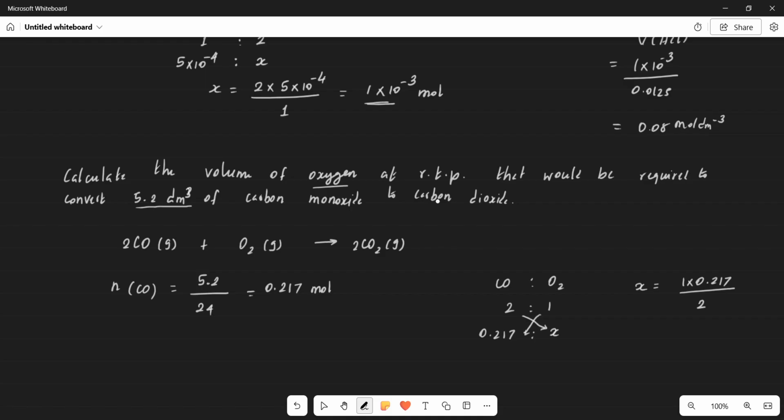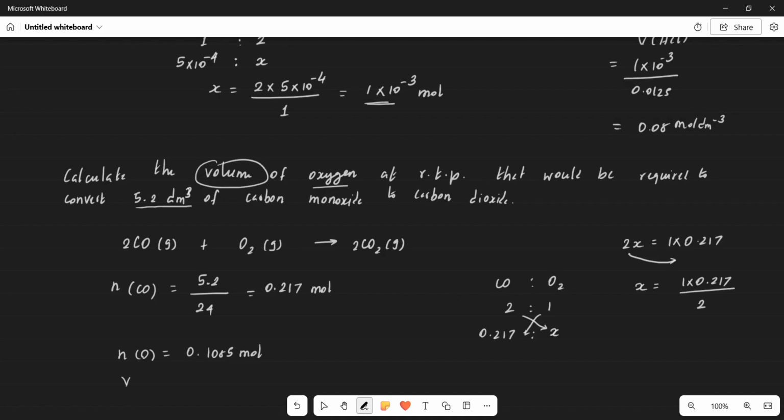When I multiply cross, it will be 2x is equal to 1 into 0.217. So x is equal to 0.217 divided by 2, which is 0.1085. So the number of moles of oxygen is 0.1085 moles. But they are not asking the number of moles, they are asking the volume.